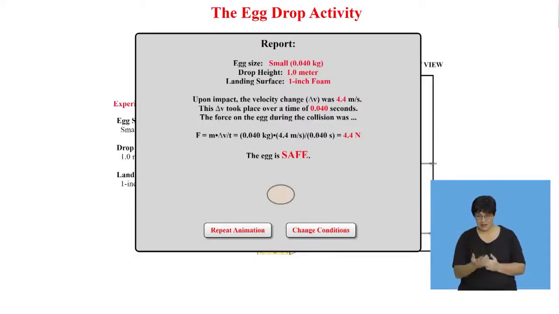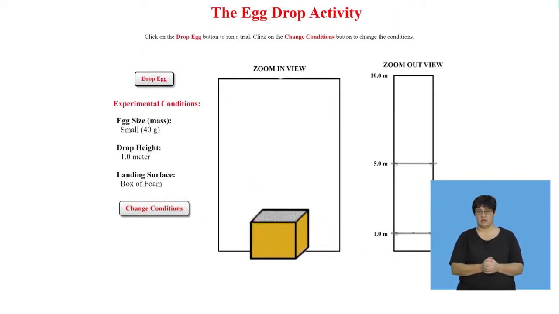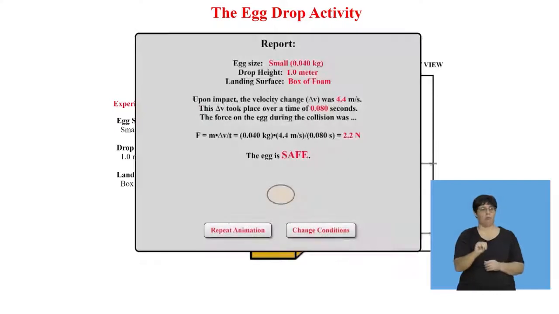Let's see what happens if, instead of the 1 inch of foam, we put it in a foam box. Big foam box, so if this breaks, then there's a problem. So let's drop the egg and see what happens. It goes into the foam, absolutely safe.